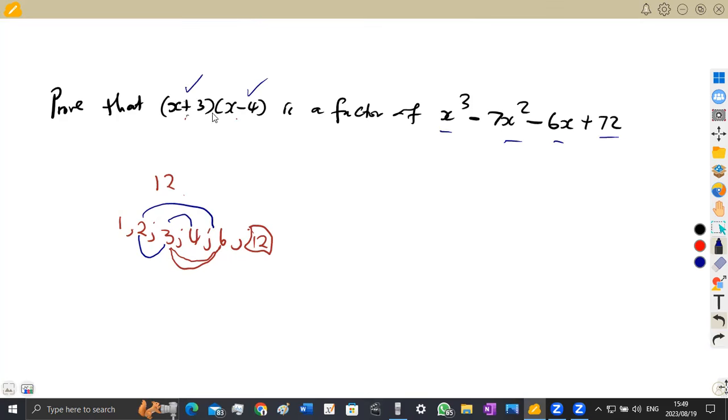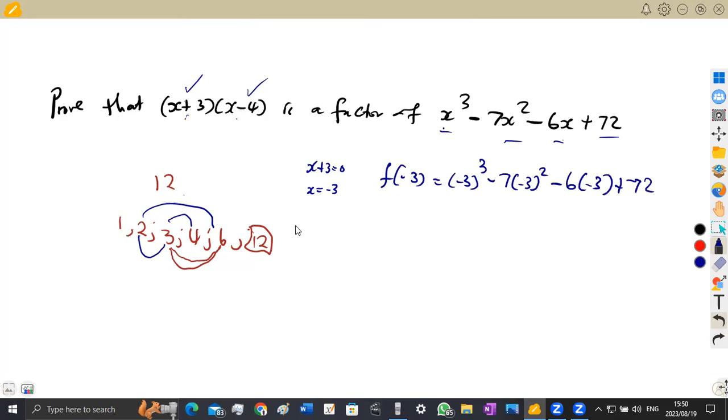So from the first one, if we consider x plus 3 being equal to 0, it means our x is minus 3. So f of minus 3 must give us 0. Wherever there is x, substitute minus 3. And we must get the same thing for x minus 4.